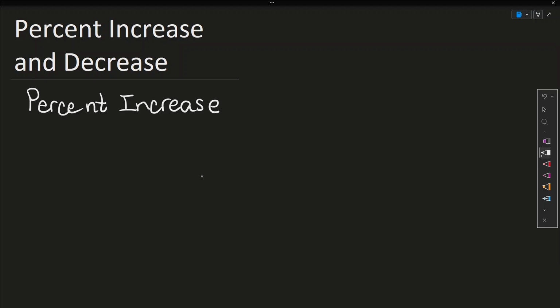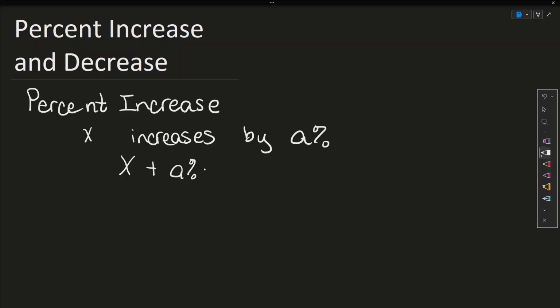If some quantity has a value that we'll call X, and it increases by a percent, what that means is that we start with X and we add a percent of X. So most of the time our original amount is 100%.